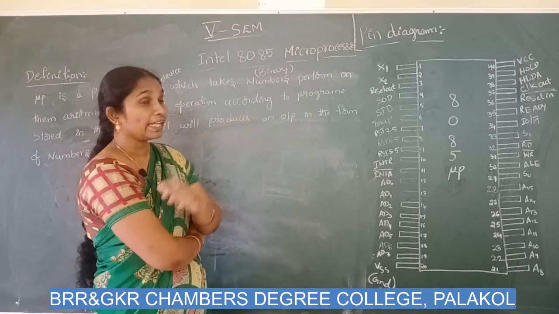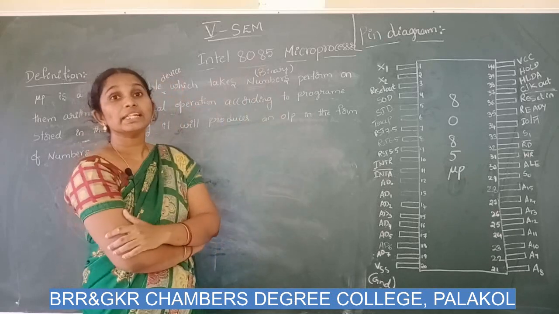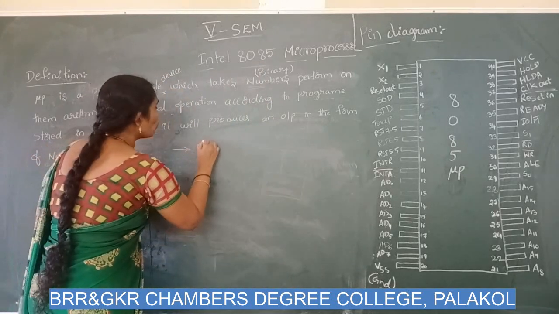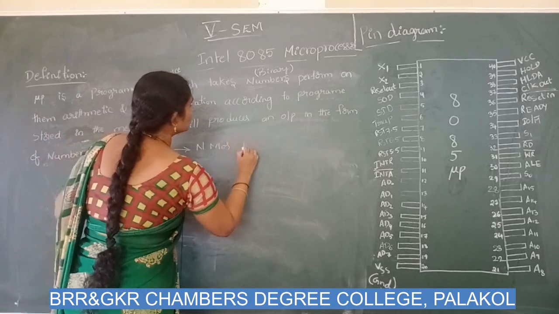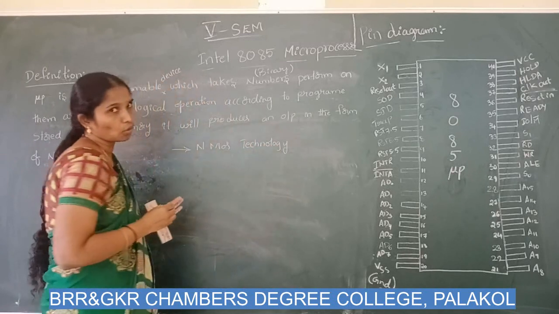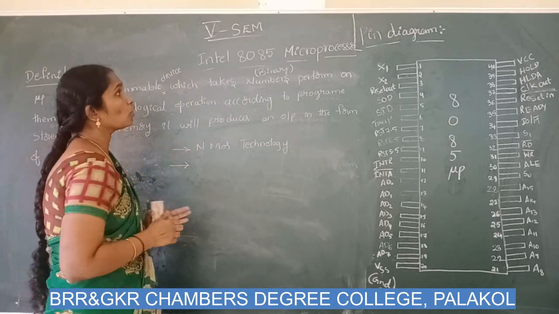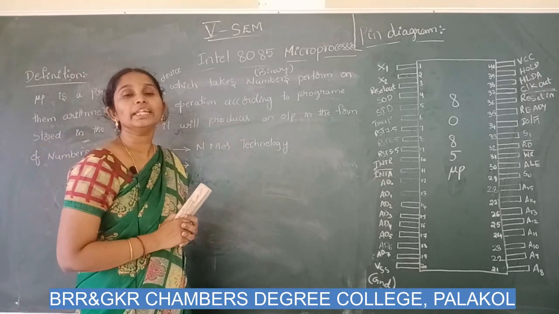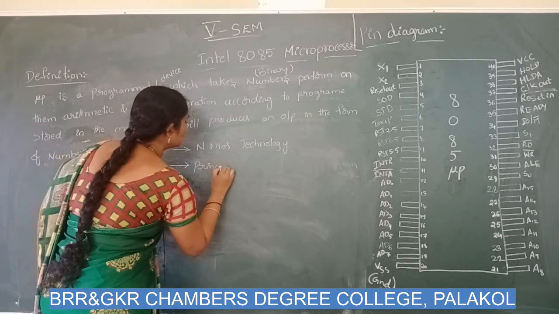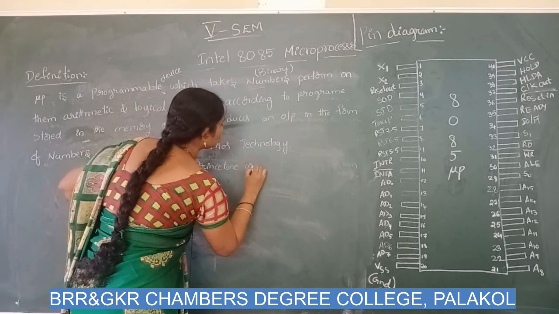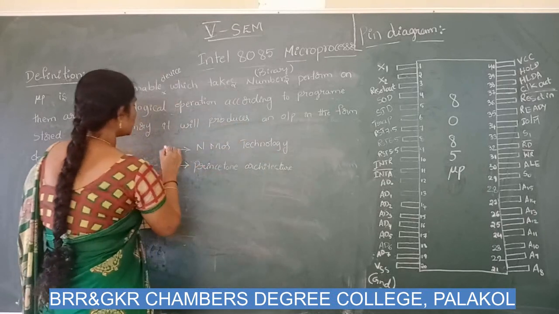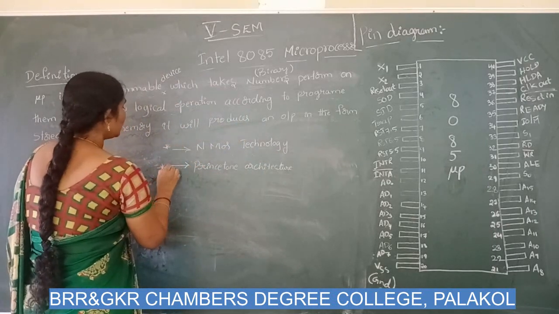Next, the microprocessor device is developed based on NMOS technology. And next, the architecture of the 8085 microprocessor is based on the Princeton architecture. These two points are very important.